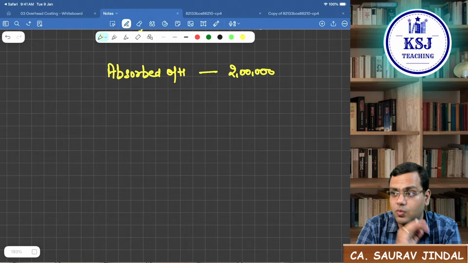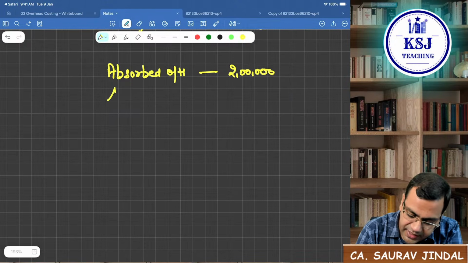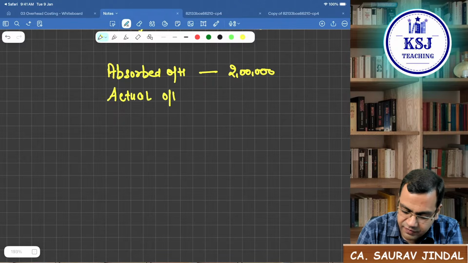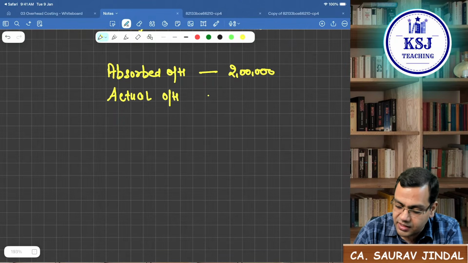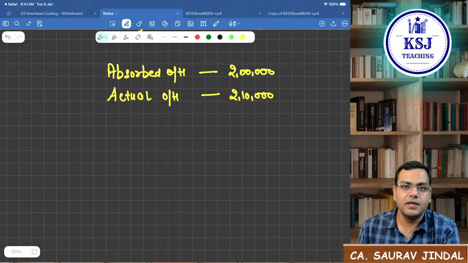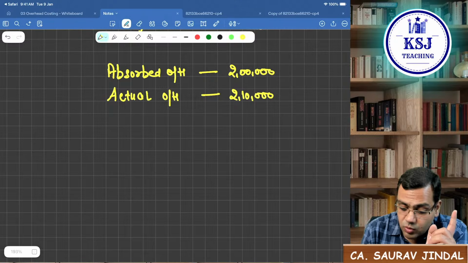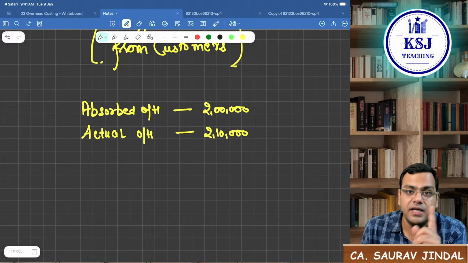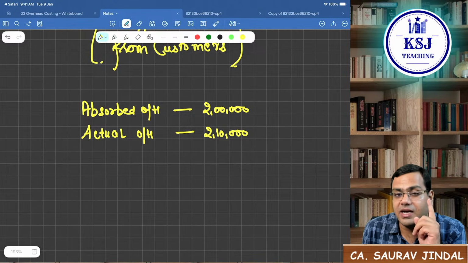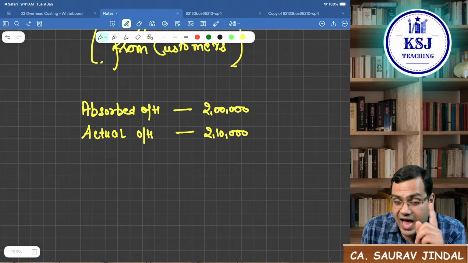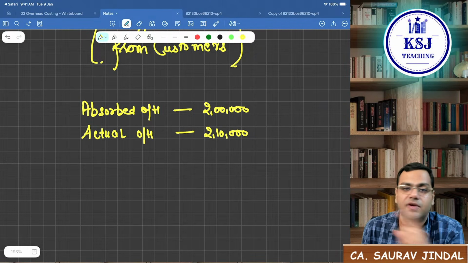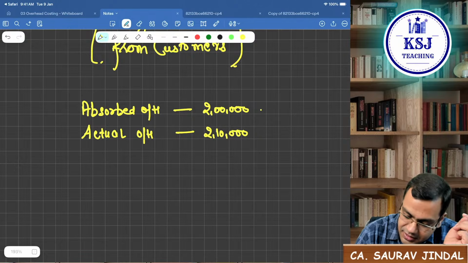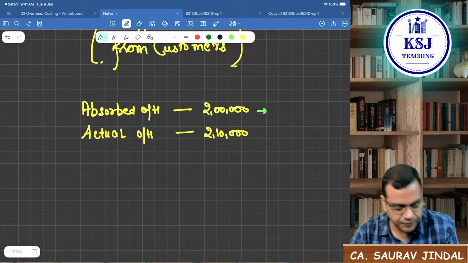What if the actual overheads which are incurred are 2,10,000? Now, absorbed overheads represent the amount that you are actually recovering from your customer. Actual overheads represent the amount that you should be recovering from your customer.